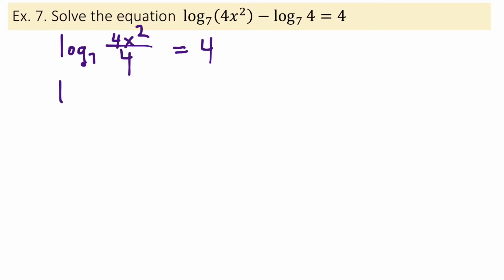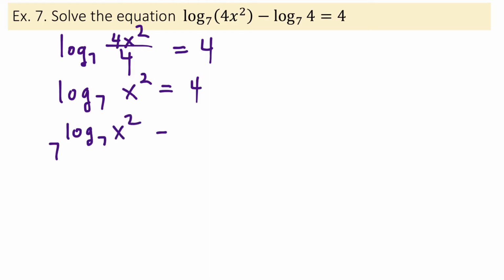So canceling out those 4's, I would have log base 7 of x squared is equal to 4. So now I would want to undo the log base 7 by raising by the base 7 to undo the log on both sides. So now I can cancel that out, and I have x squared is equal to 7 to the 4th power.